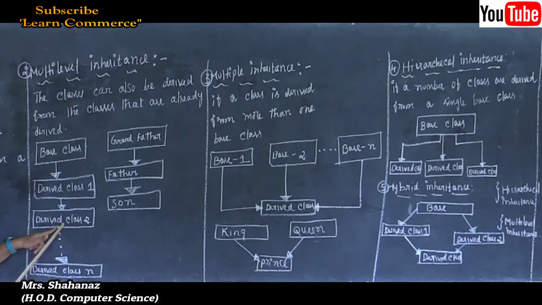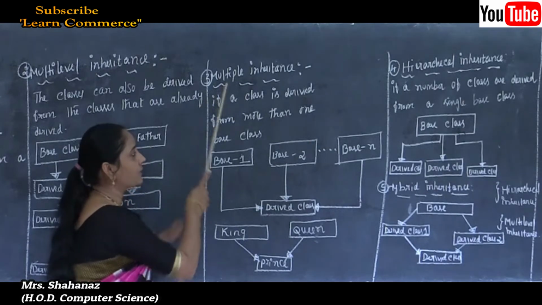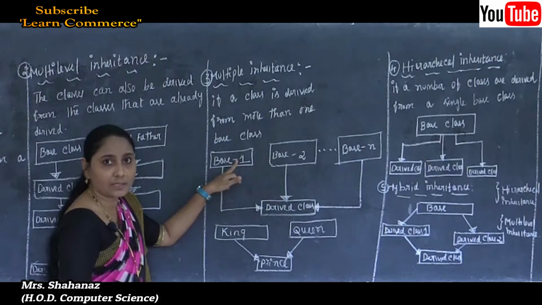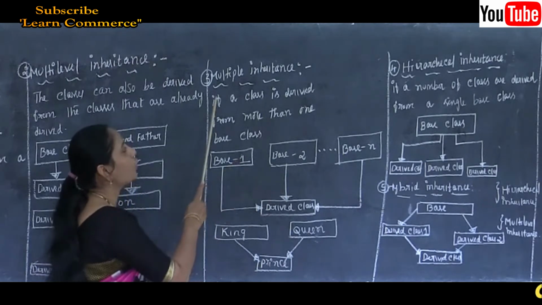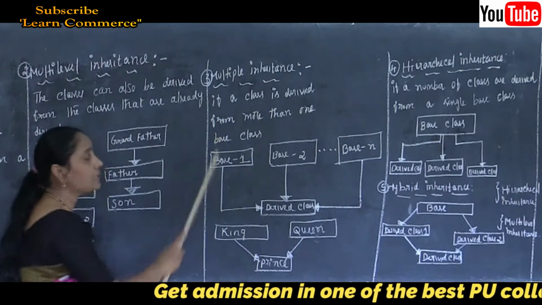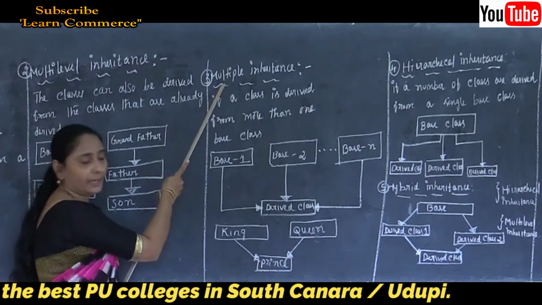So this is our multi-level inheritance. Now we are on the topic of multiple inheritance. So how are we constructing the derived class? If a class is derived from more than one base class, it is known as multiple inheritance.